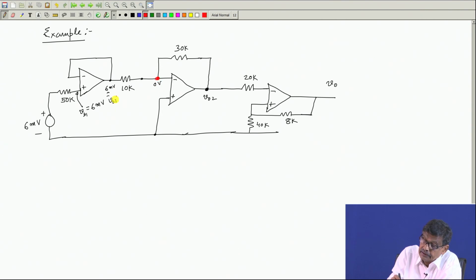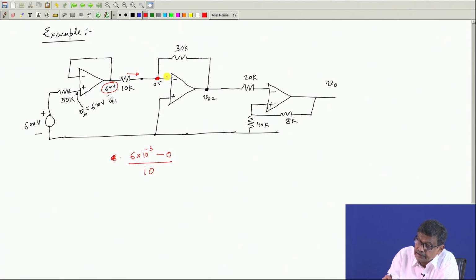It will be this current. 6 millivolt, mind you, so take care of that. See, the potential of this is 6 millivolt. So, 6 into 10 to the minus 3, keep the voltage in volt, minus 0 volt divided by 10 is the current coming in.